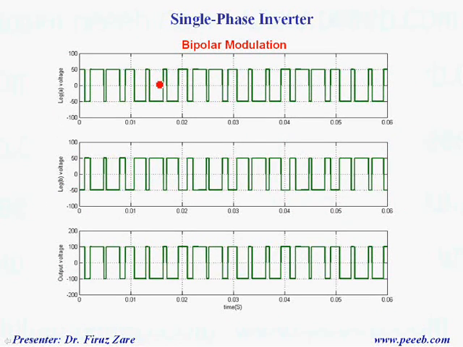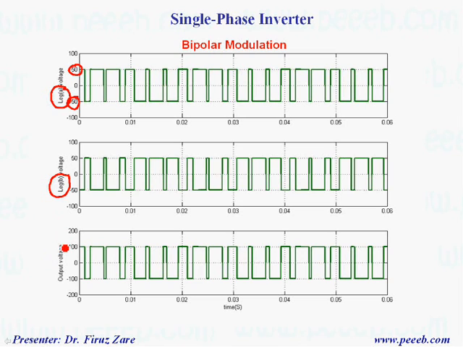So let's look at the output voltage when we increase the switching frequency. This is the voltage of leg A with respect to the midpoint. The output voltage is sometimes positive 50 and negative 50. Leg B's output voltage also changes with respect to the neutral point.